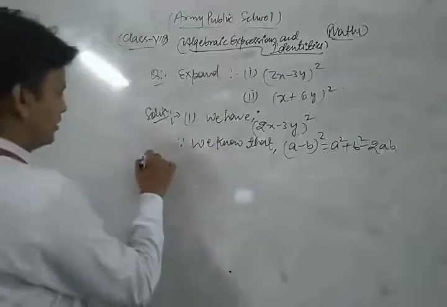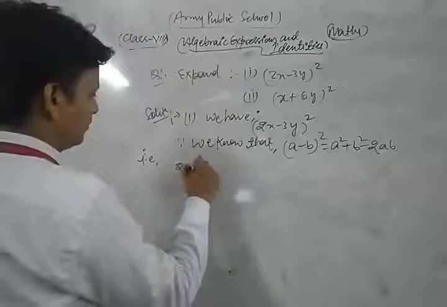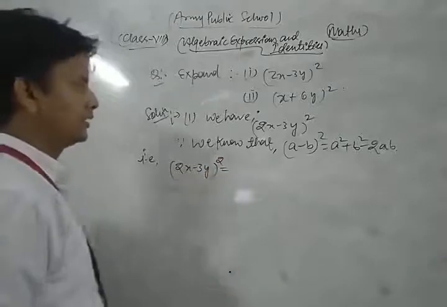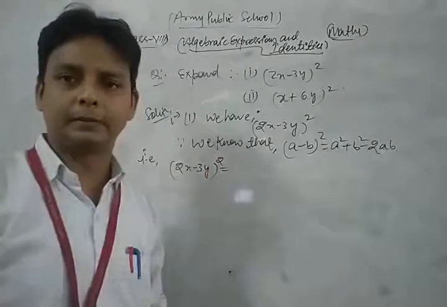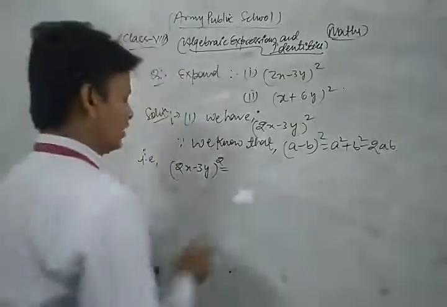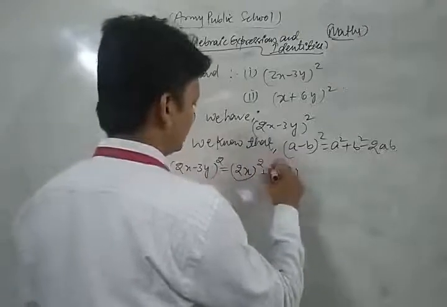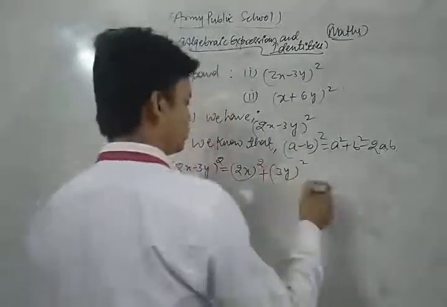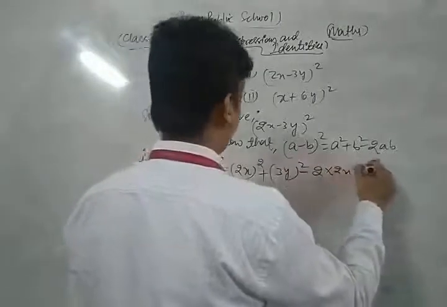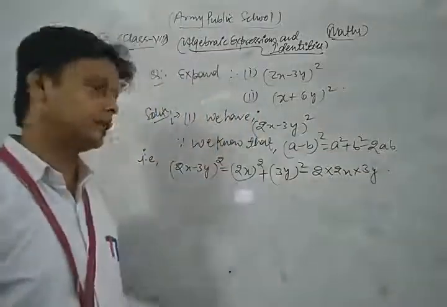That is, this is (2x minus 3y) whole square. Now we expand it. So (2x minus 3y) whole square means a square plus b square minus 2ab, because we know the identity for (a minus b) whole square.